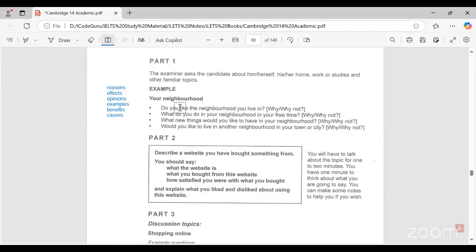We need to say, yes, I like the neighborhood where I am living, because it is a very quiet place and it has a lot of things to do, such as parks for amusement, and different sports clubs for doing physical exercise. You can say there are many equipments that have been established there by the government recently.